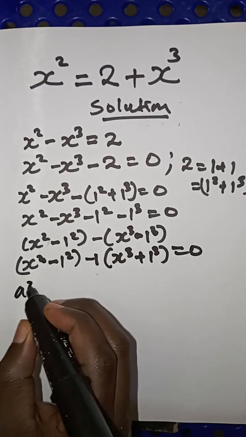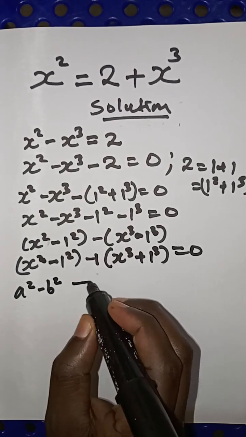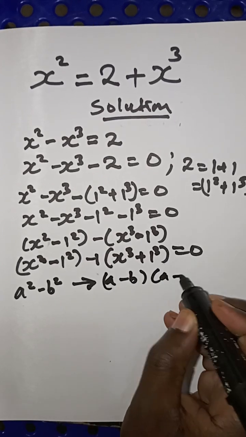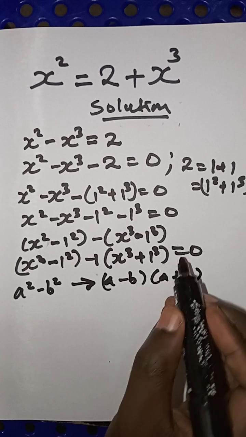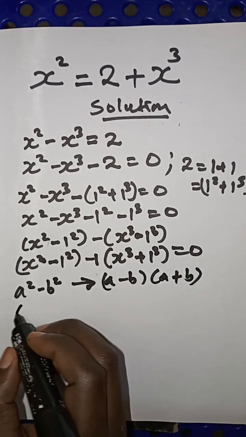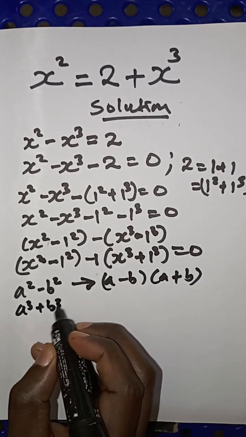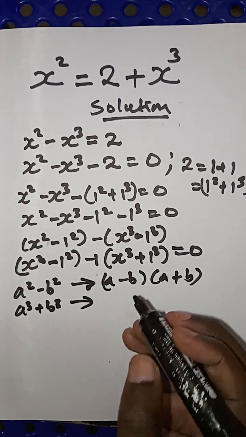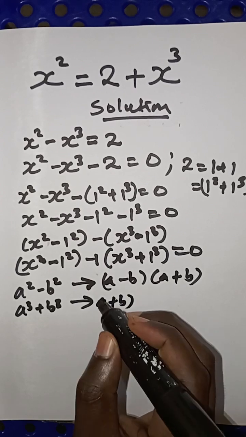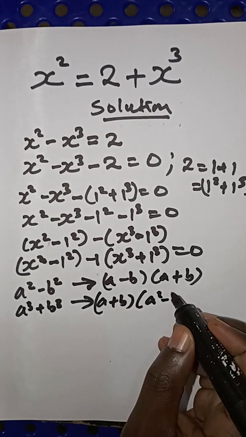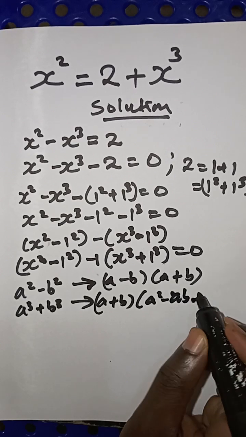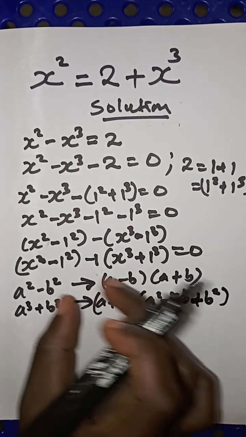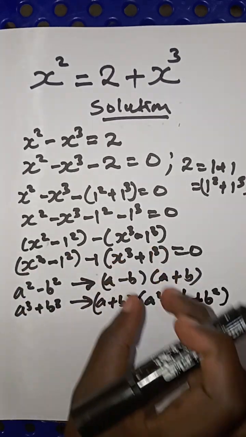Recall that you have a squared minus b squared. This can be expanded as a minus b, a plus b. And wherever you have a cubed plus b cubed, this can be expanded as a plus b in bracket a squared minus ab plus b squared. So I'm going to write this in terms of this and this in terms of this.